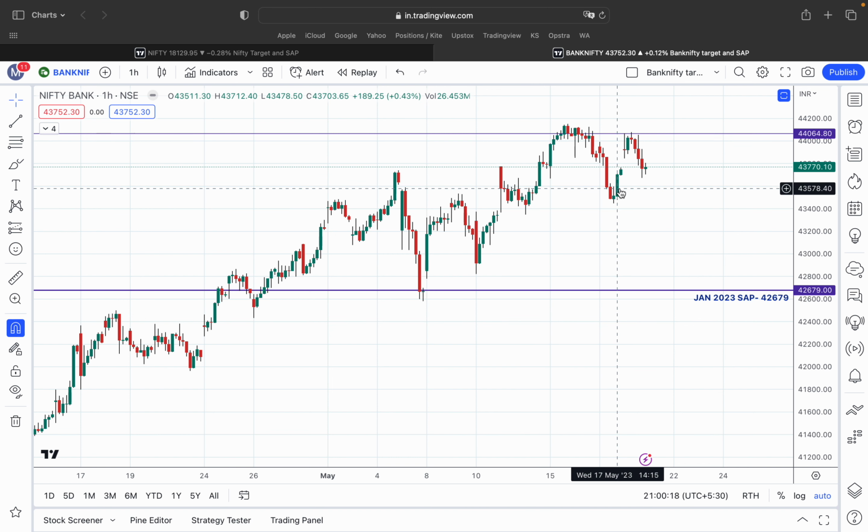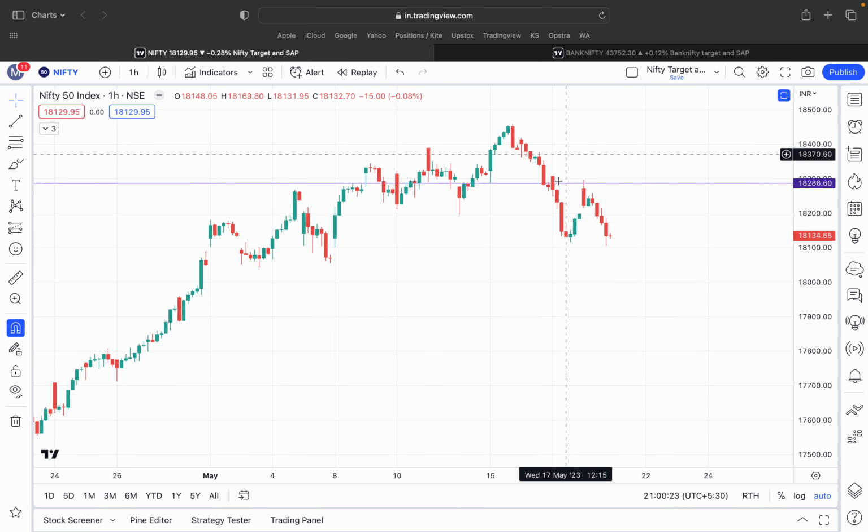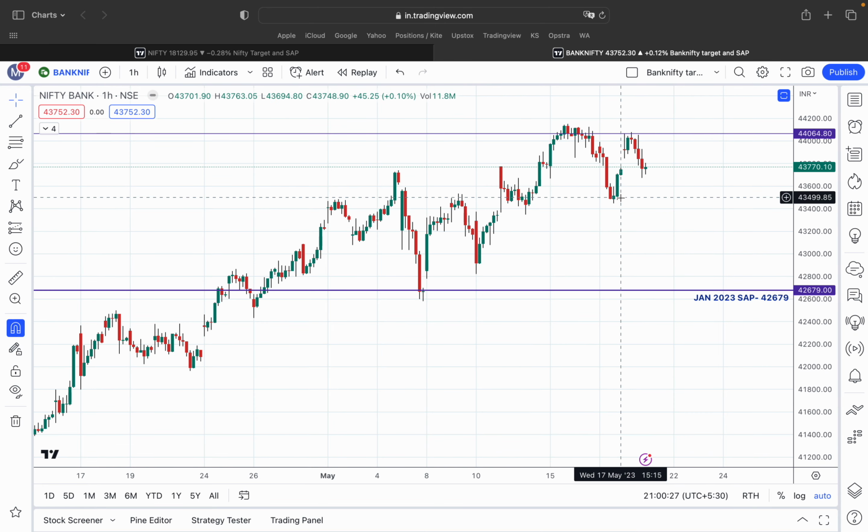So the conclusion is, though Nifty has turned bearish on an hourly chart, Bank Nifty has not yet confirmed the start of the bearish trend. That is one very essential point that we must note.